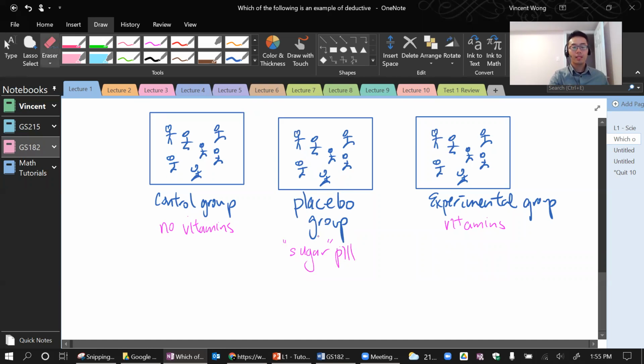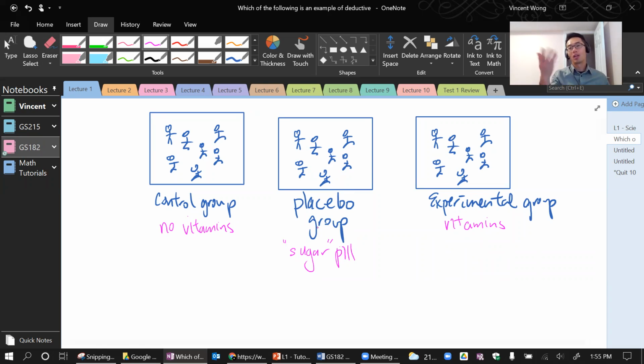So you tell them, hey, have some vitamins, but it's actually just sugar. Or not sugar, but something that they cannot taste, right? I cannot think of an example. Sorry, my brain is stuck right there. But it's something that doesn't have an effect on what you're trying to assess. Something that doesn't affect your chances of catching a cold.